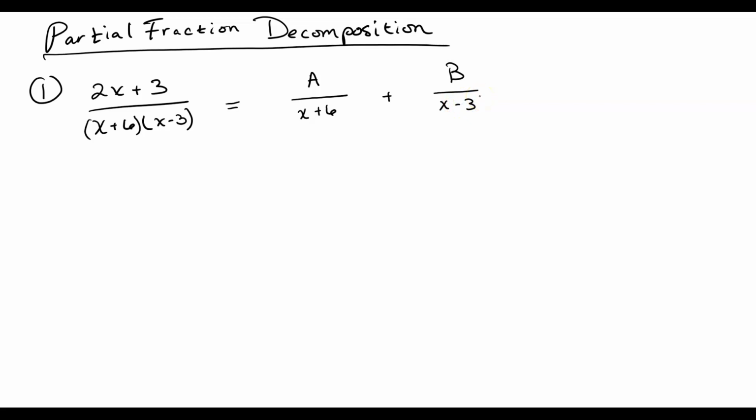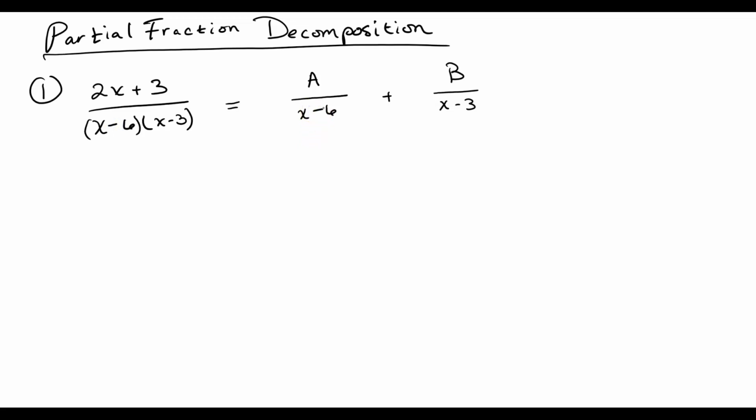We're going to figure out what these A and B values are such that when I add these two fractions, I get (2x + 3) over (x - 6)(x - 3). And it's actually x - 6 now that I think about it in my example, not x + 6, x - 6. Okay, so let me correct that.